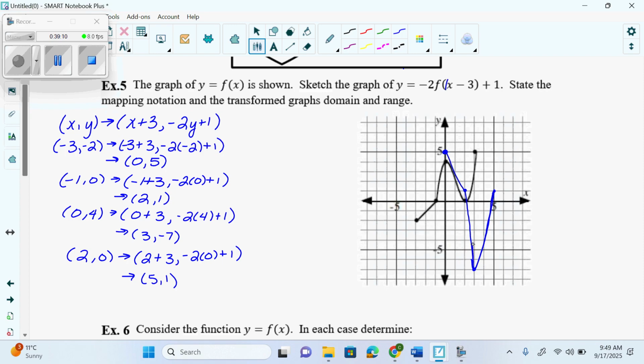And then we have (3, 5), a little past 5, but on a diploma they'd be accurate. So it'd be 3 plus 3, -2 times 5, so we get (6, -8).